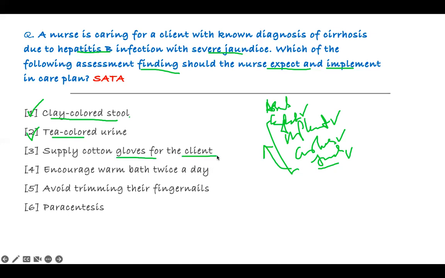Why am I doing that? Look at your buzzwords and your rewrite. Expected finding, implement, cirrhosis, and jaundice. If you have jaundice, you get pruritus, that is itchiness. Your skin is going to itch nonstop. And so these patients scratch their skin and they break their skin. They scratch until they feel better.